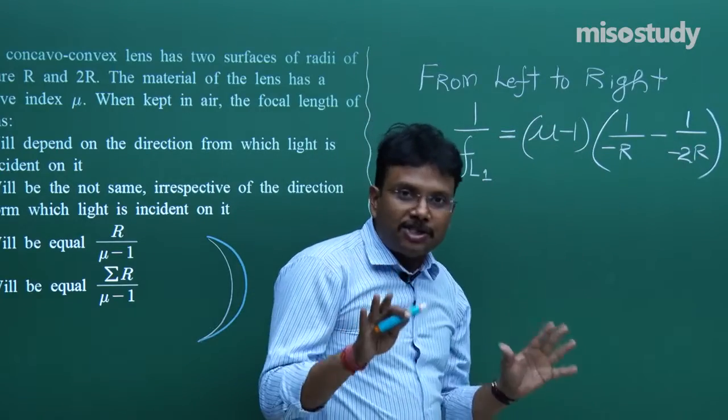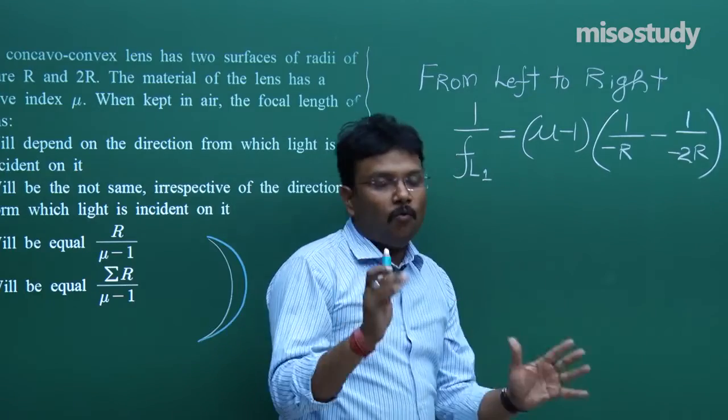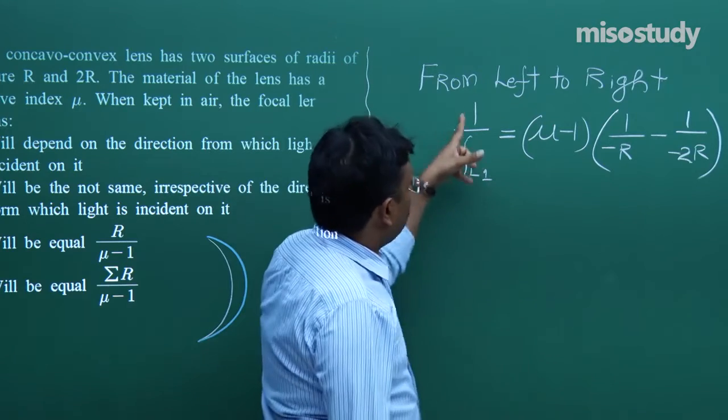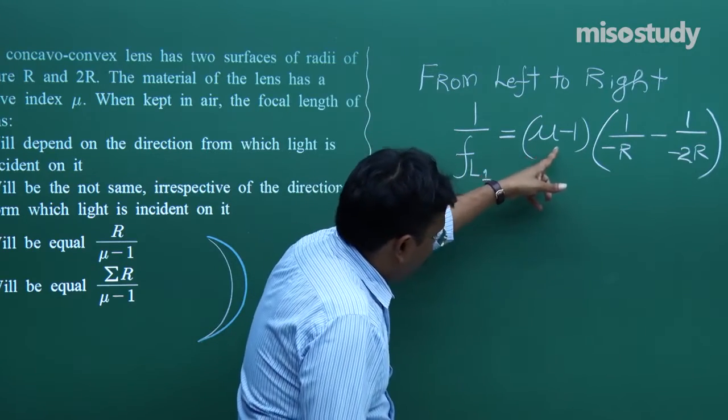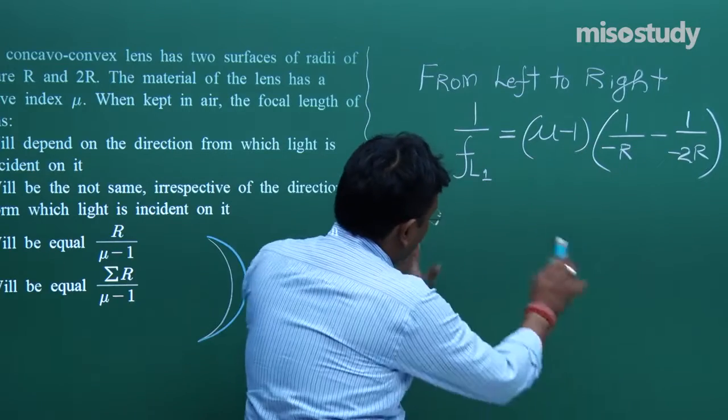The only magic in ray optics is in visualization. Once you visualize the problem, you can perform the magic. Fine. So, 1 upon fL1 is equal to (mu minus 1) and then 1 upon minus R minus 1 upon minus 2R.